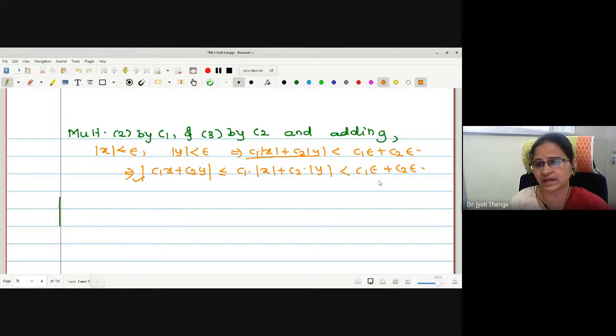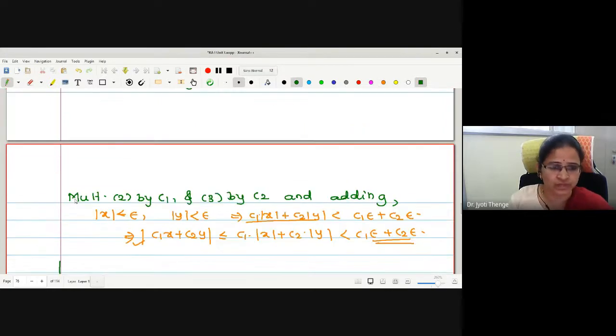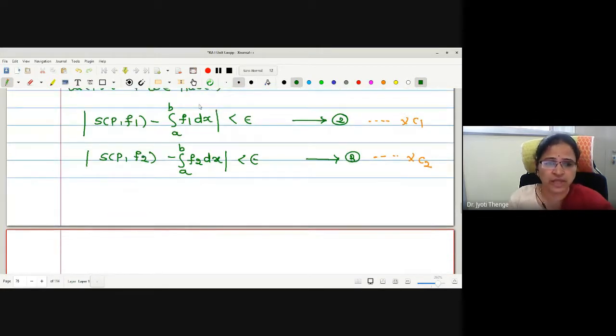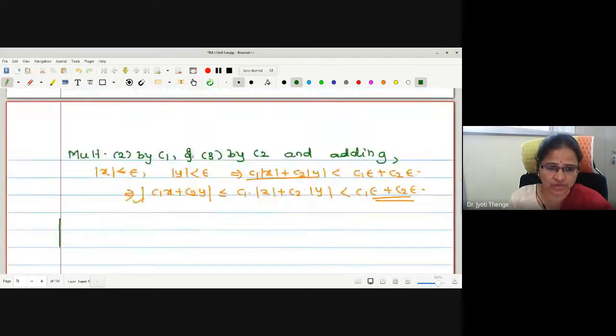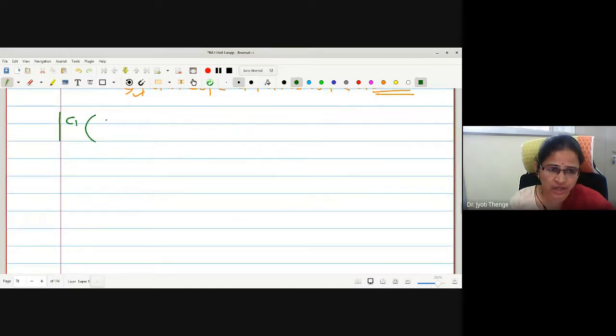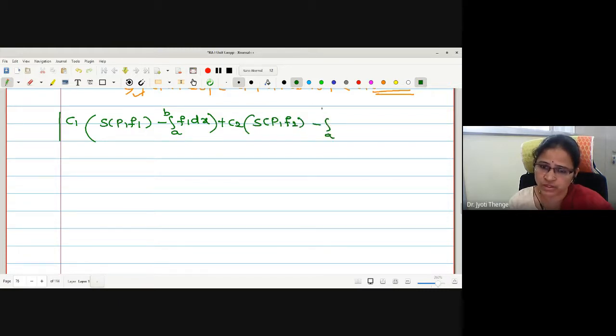Therefore, I am writing everything in one modulus. So, C1 times the first added with C2 times the second: C1 (S(P, f1) minus integration a to b f1 dx) added with C2 (S(P, f2) minus integration a to b f2 dx), which is less than C1 epsilon plus C2 epsilon.